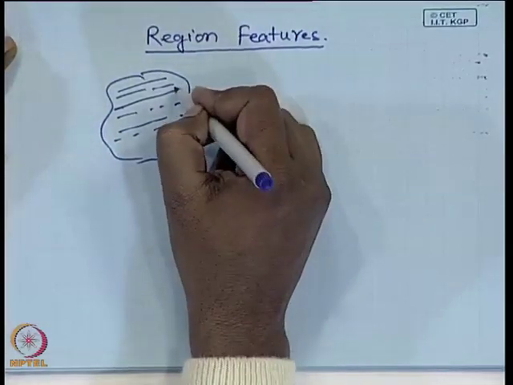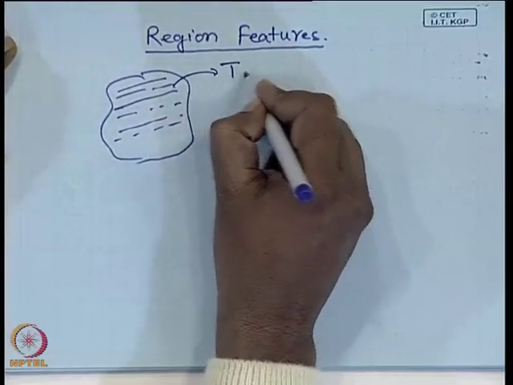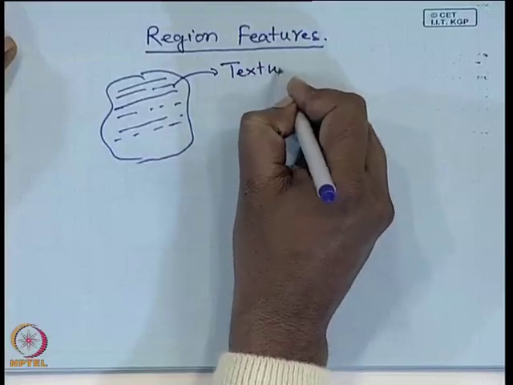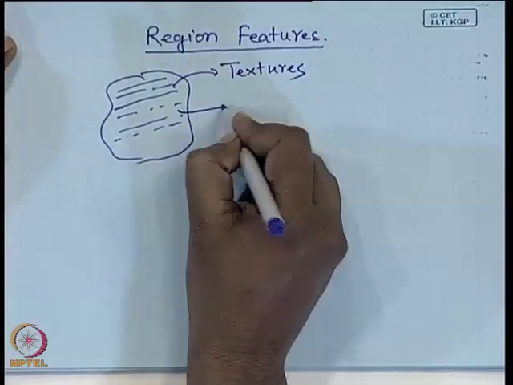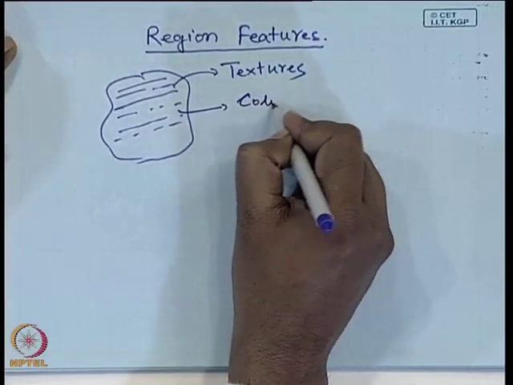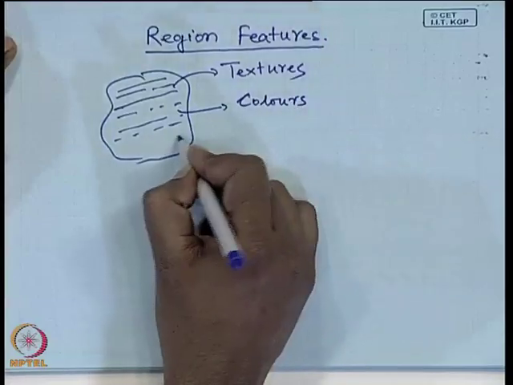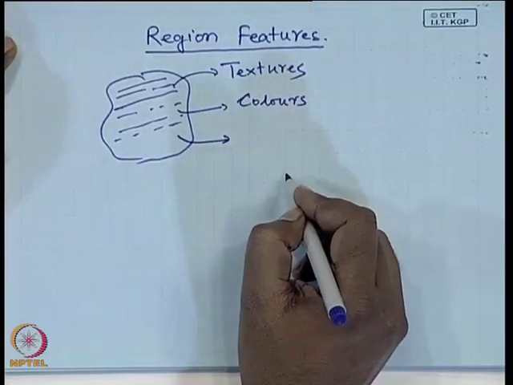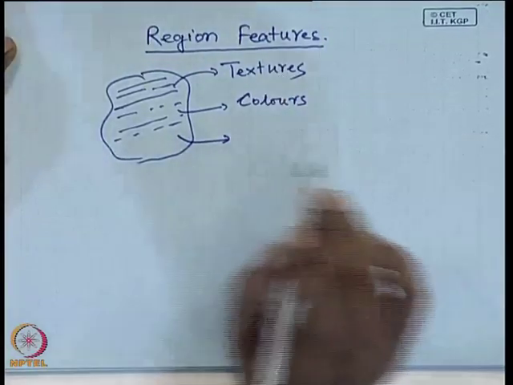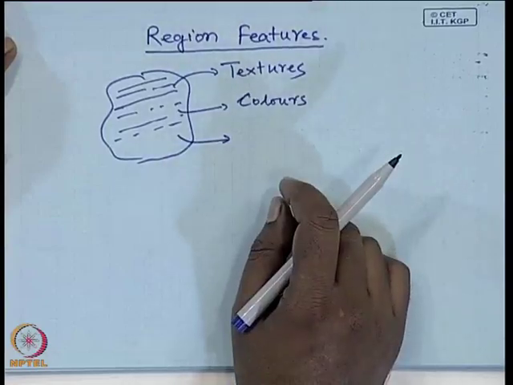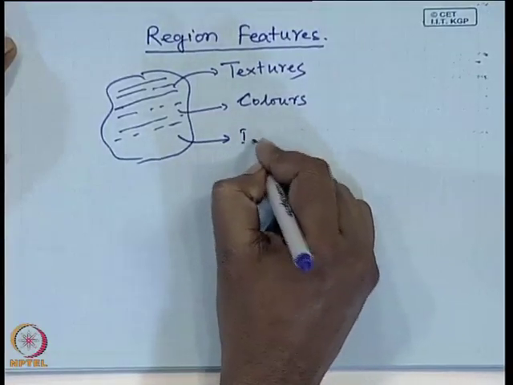Coming to the region features, this bounded region can have different types of textures, or different types of colors. If it is a black and white image, an untextured, uniform region can have different intensity values.